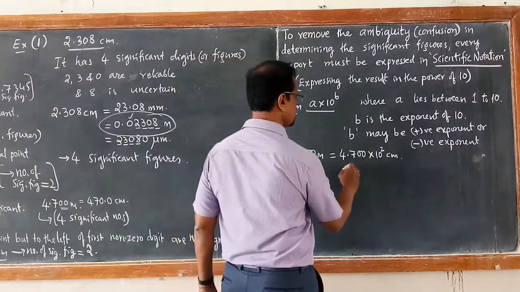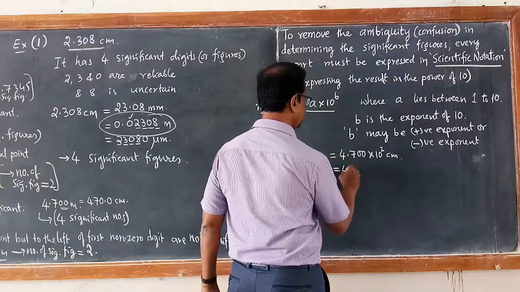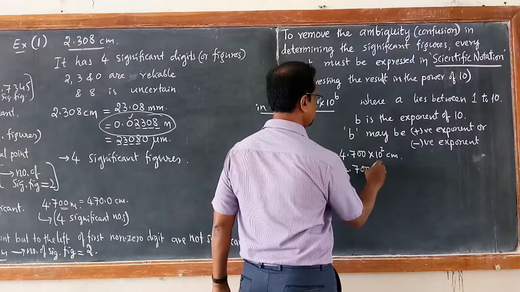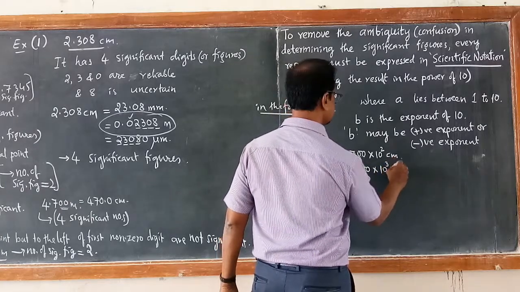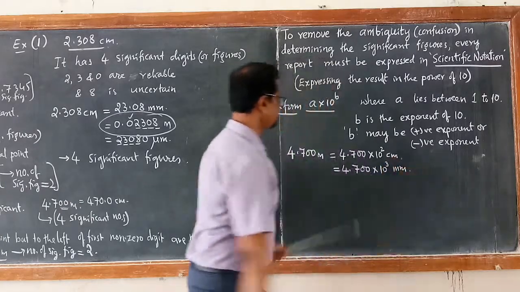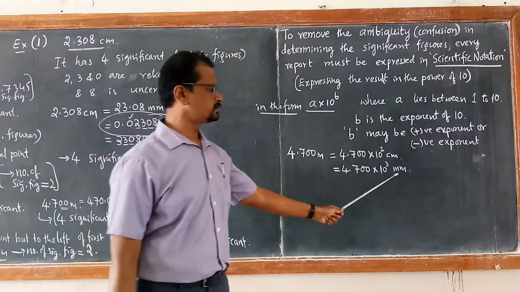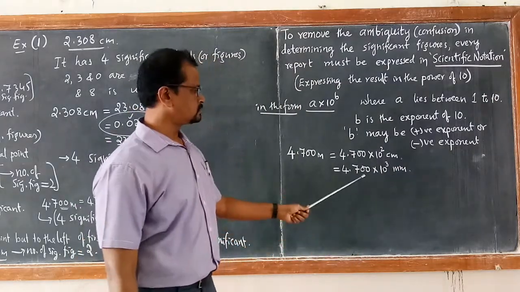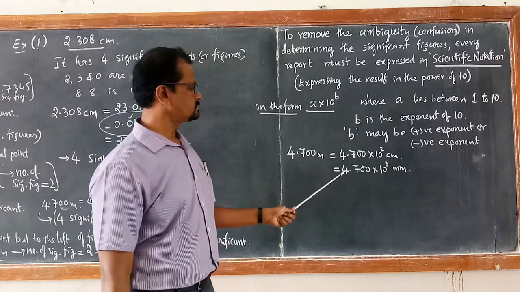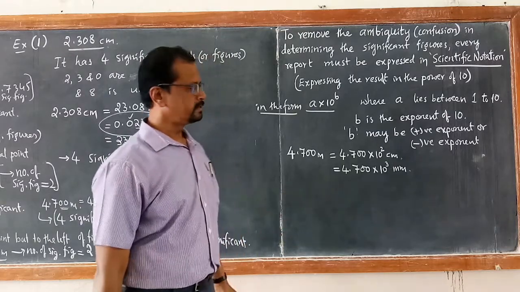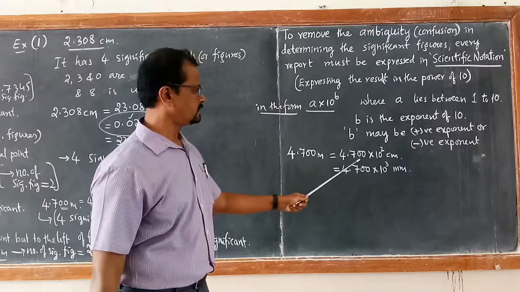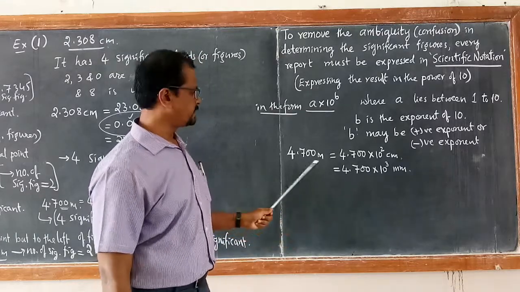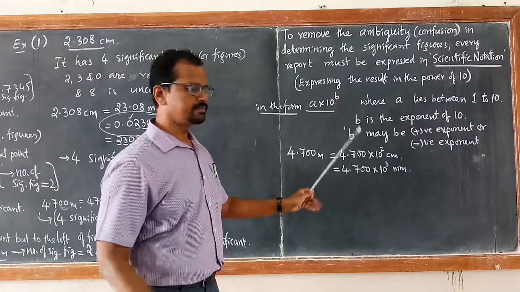This can also be expressed as 4.700 into 10 to the power of 3 millimeters, because 1 meter is equal to 10 raised to 3, that is 1,000 millimeter. So again it can be expressed in terms of another unit, millimeter. The number of significant figures remains the same, but we should not leave out the trailing zeros which are expressed; they must be continued.